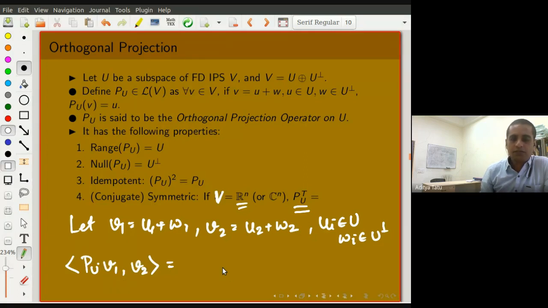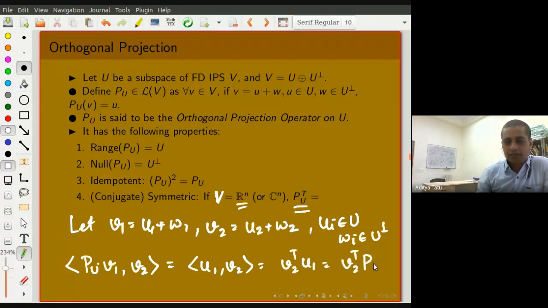What is PU operated on v1? It is u1, with v2. So this is nothing but v2 transpose u1, and u1, as we just said, is nothing but PU applied to v1.